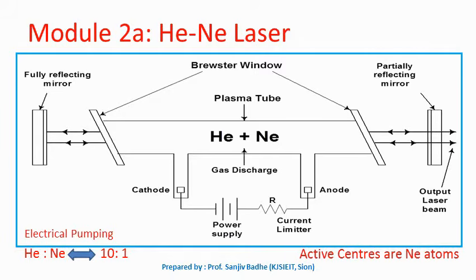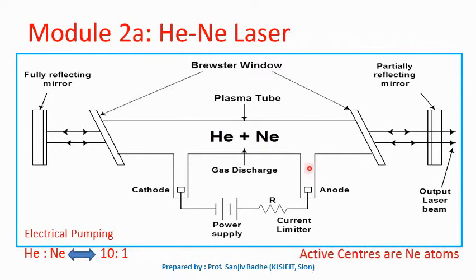And for passing current through the mixture of the gas, we are using here one cathode and one anode. Whatever electrons are emitted by the cathode have only one path to go to the anode, and that is through the gas. So this is how current is passed through the gas. This gas discharge tube is filled with a mixture of helium and neon.